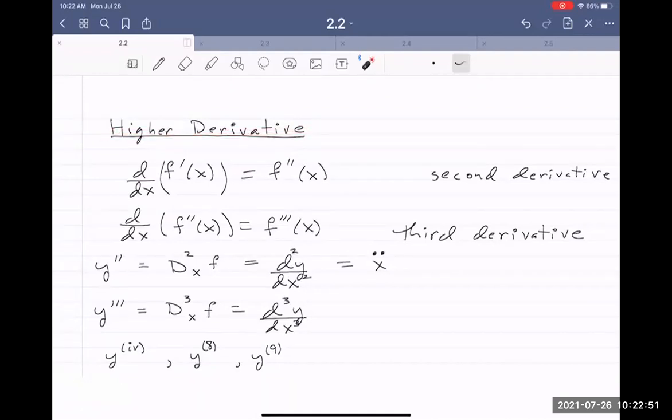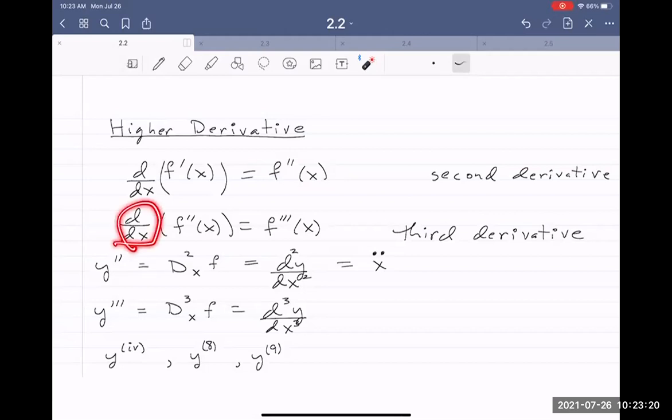Let me give you some notation for higher derivatives. First, the second derivative. The second derivative is the derivative of the first derivative. The derivative of a first derivative is called the second derivative, and I can denote it by two primes.